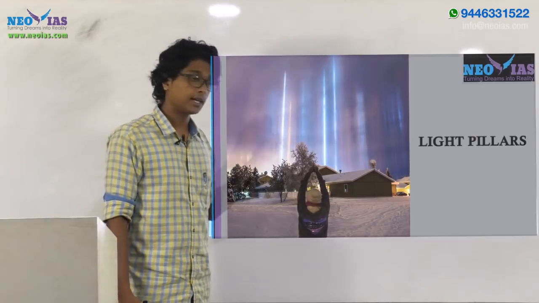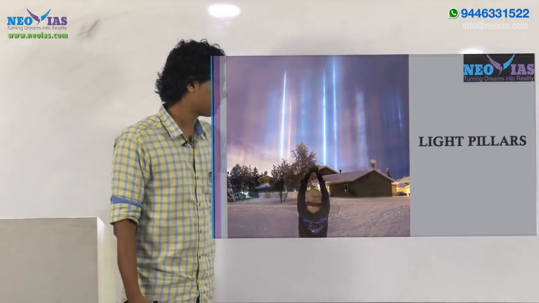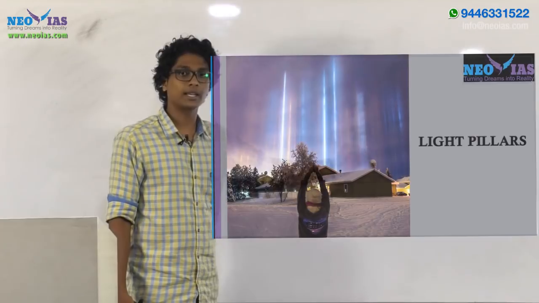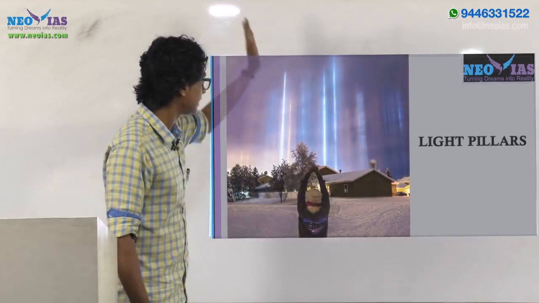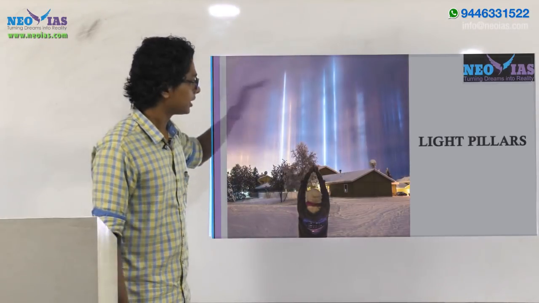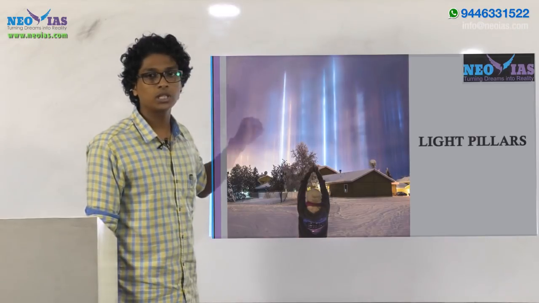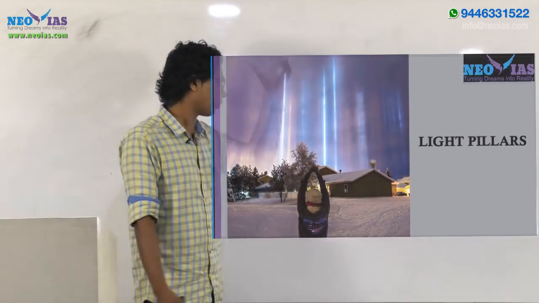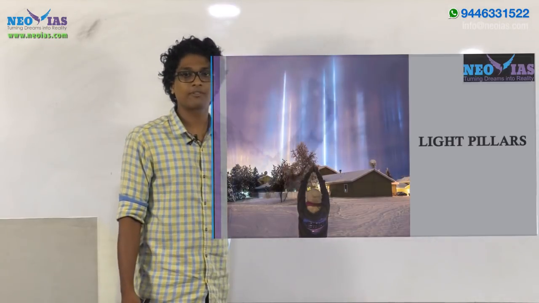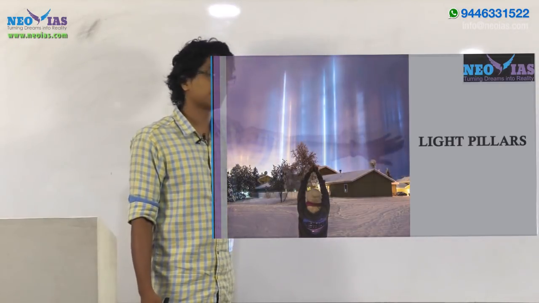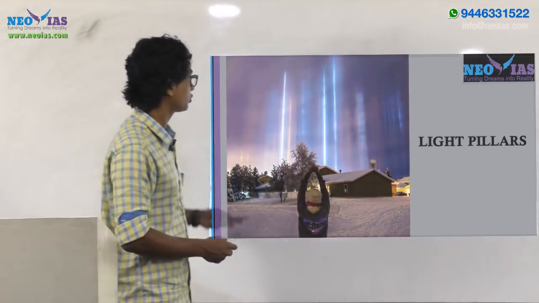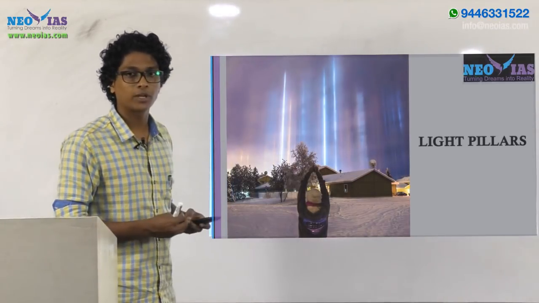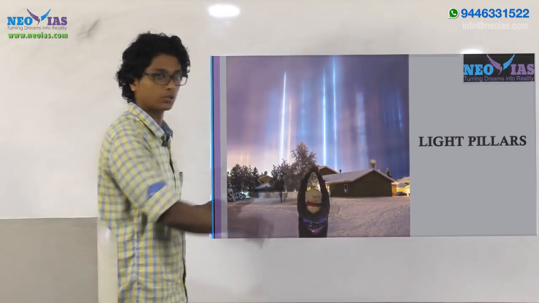These ice crystals reflect back the light from the buildings, the surface, the cars and everything. That creates the light pillars. So remember, light pillars are formed in the higher latitude regions, because of ice crystals forming near the surface, which reflect the light from buildings and cars, and such an atmospheric optical phenomenon we call light pillars.